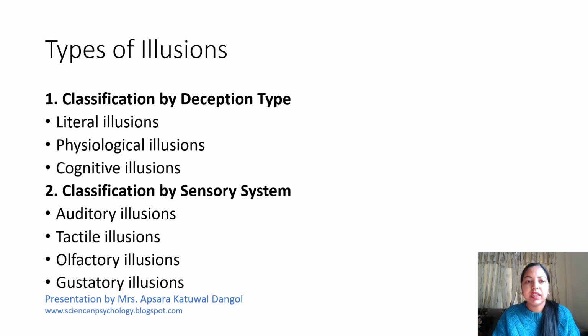When we divide illusions under classification by deception type, the first is literal illusion, next physiological illusion, and third cognitive illusion. And if we talk about the sensory system, this is auditory, tactile, olfactory, and gustatory illusion. Now let's know about it in more detail.